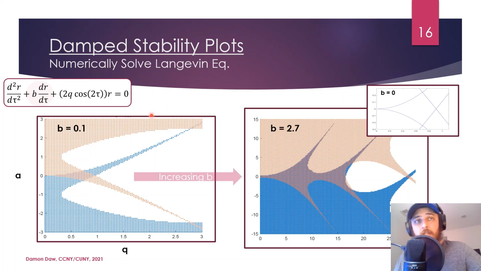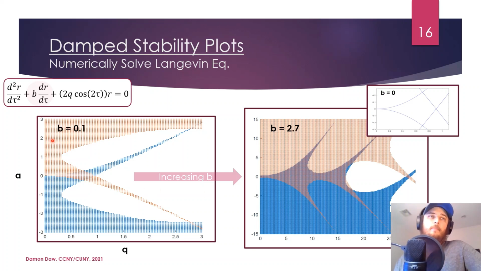Because we also need to know what happens to the stability region itself when you introduce this term. And it turns out that it greatly increases the space of stable parameters. So this is again A and Q, A on the vertical, Q on the horizontal. And this inset is for the b equals 0 case, and you see there's this little diamond and it ends at a little less than 1 up here.